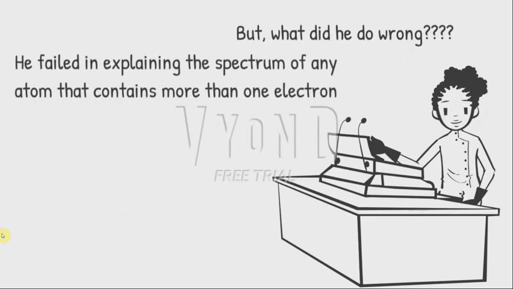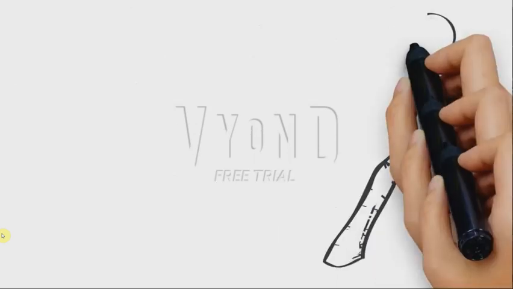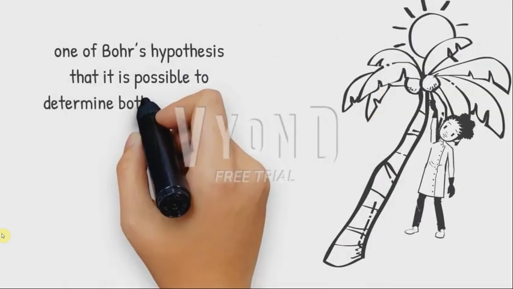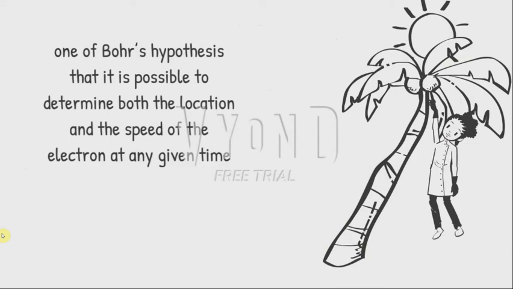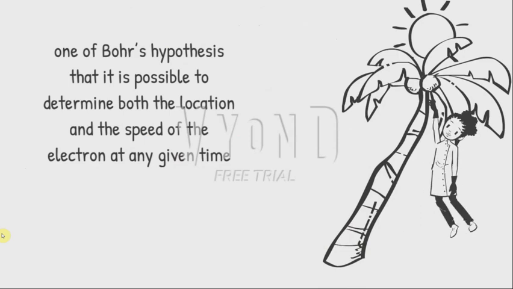Second, Bohr considered the electron as a negative charge only. He didn't consider that the electron may also have wave properties. One of Bohr's hypotheses, he thought it's possible to determine both the location and the speed of the electron at any given time. This hypothesis was proven to be wrong later.